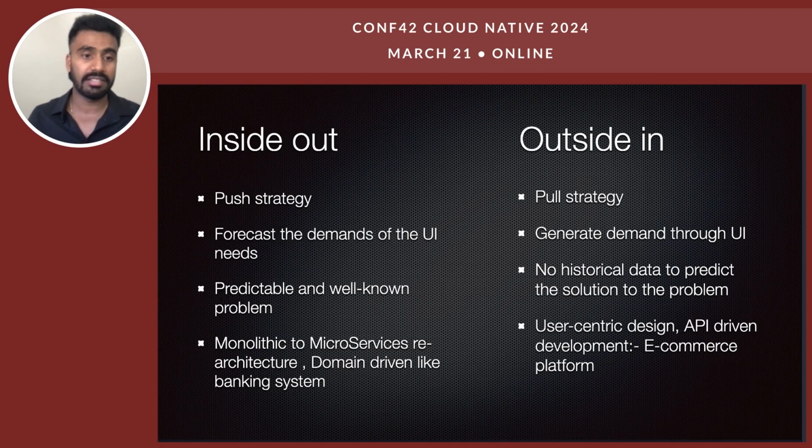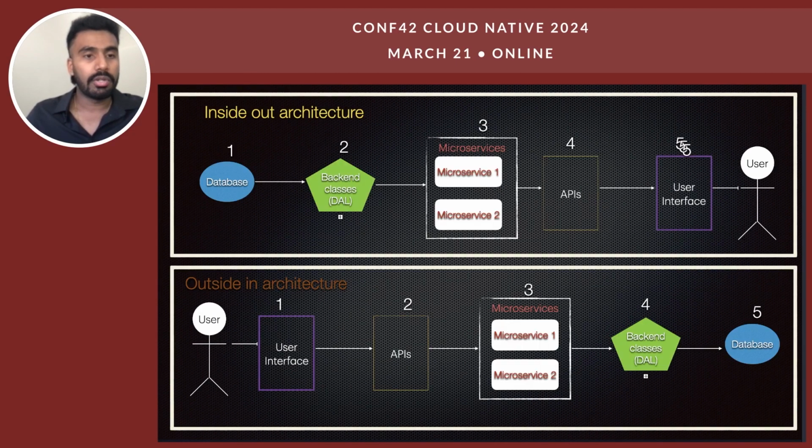In inside-out, you can see monolithic to microservices, or domain-driven applications like a banking system, and in outside-in, user-centric design, as I just explained, API-driven. And inside-out, as you can imagine, is a push architecture or a push strategy, because you're going from the database, which is inside the backend system, and then you're going out to the user.